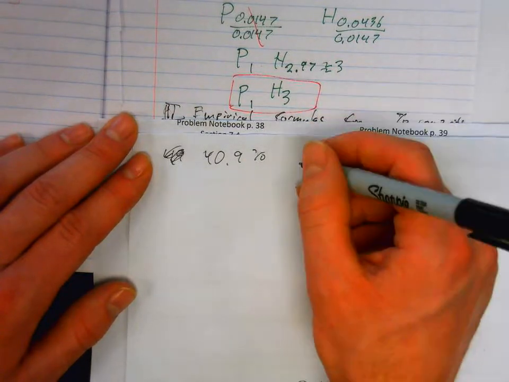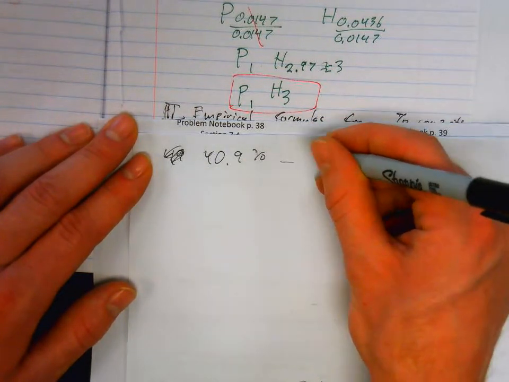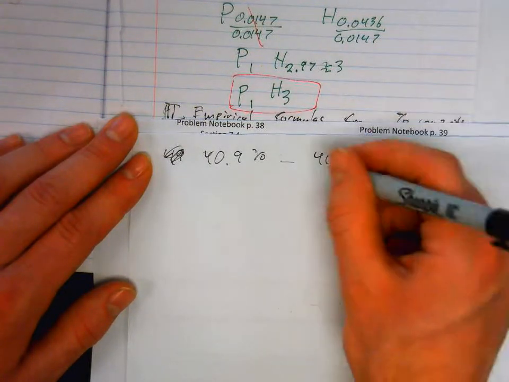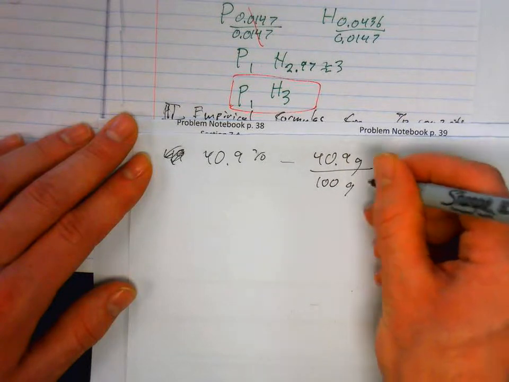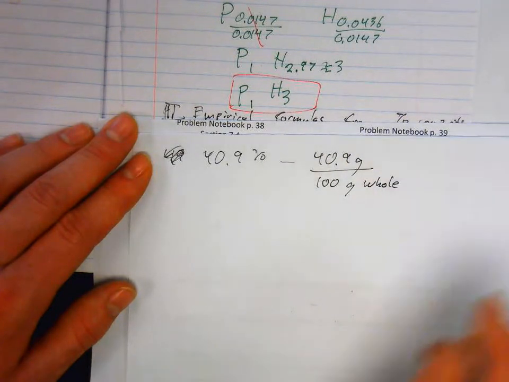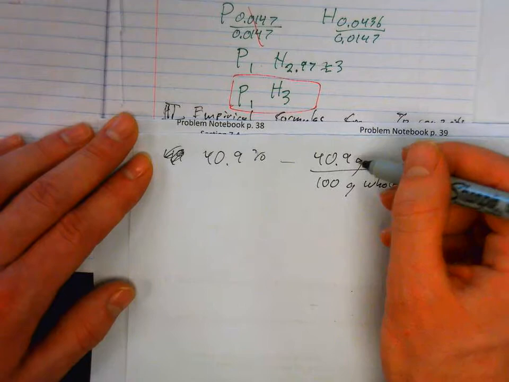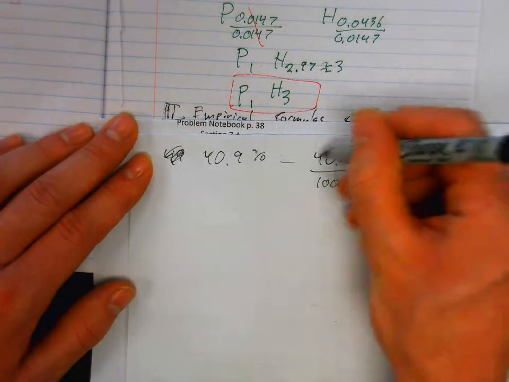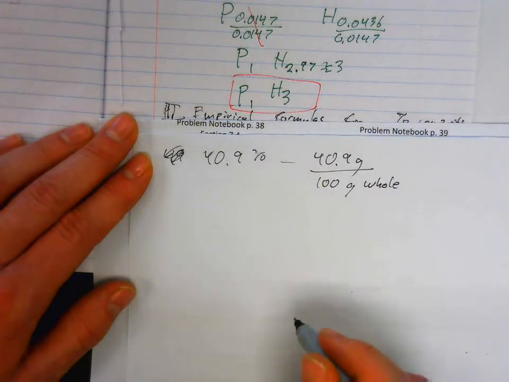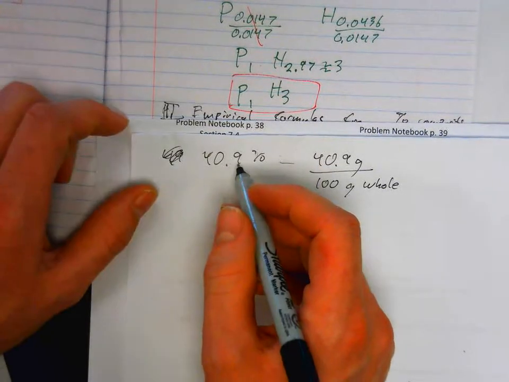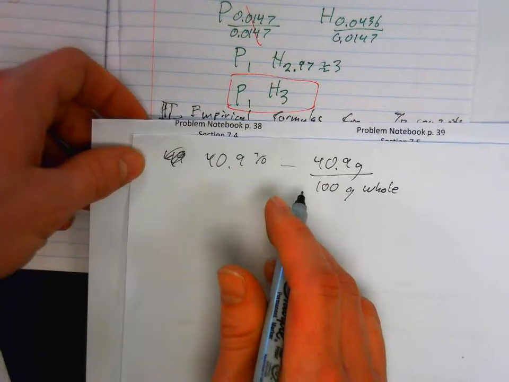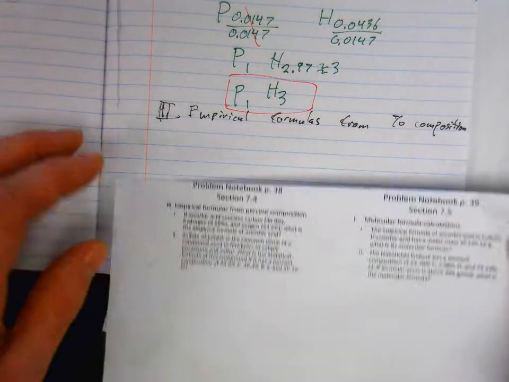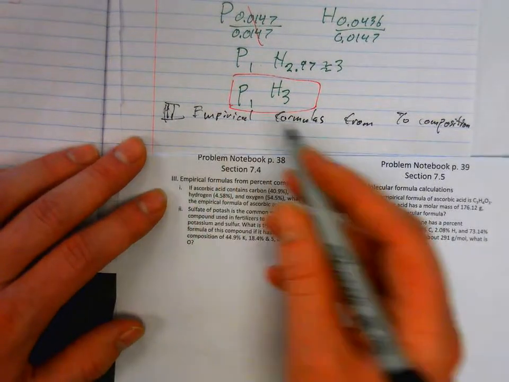We can interpret that as 40.9 grams of the part in 100 grams of the whole. So we can use the percentage and make that into mass units by this means. Instead of percent, we're going to imagine we have 100 grams, and we'll take those percentages and consider them as mass, as grams out of 100 grams.